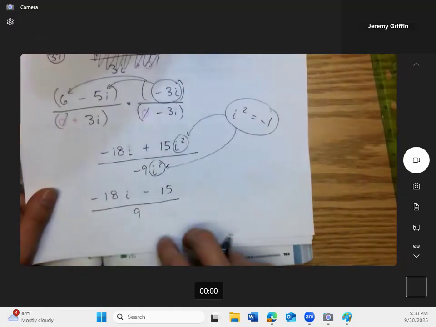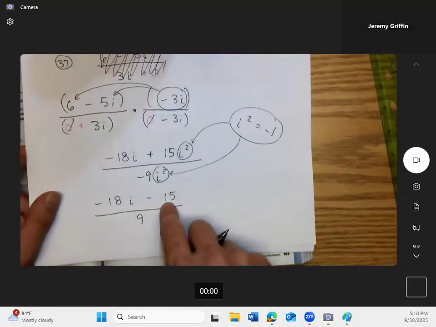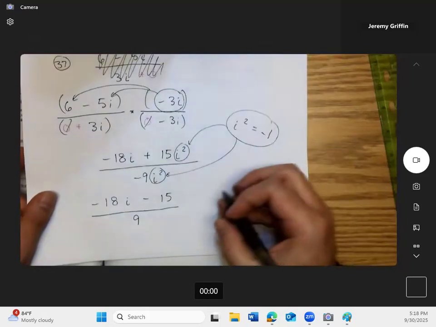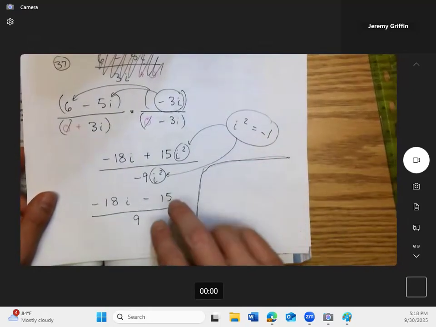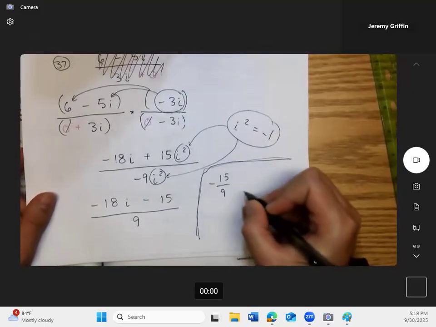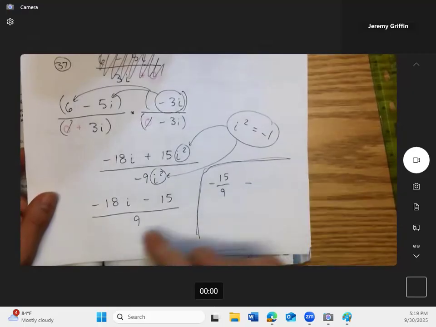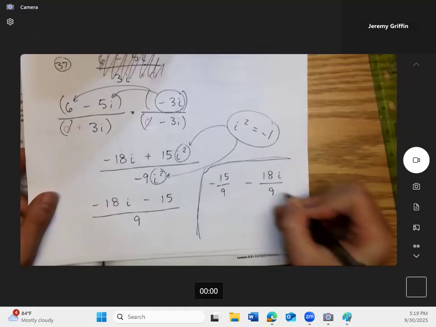And finally, I can clean it up like this. I somehow got the imaginary over here and the real over here, I think because of just how this started out. Here, finish off in this corner of the paper. So negative 15 over 9, and then minus 18i over 9, if I split it up into fractions.